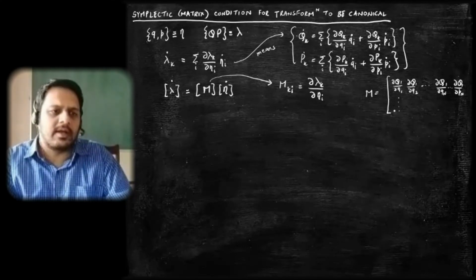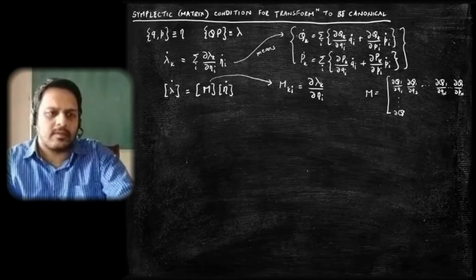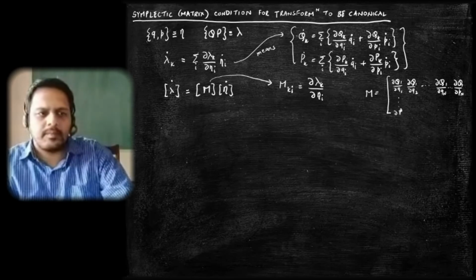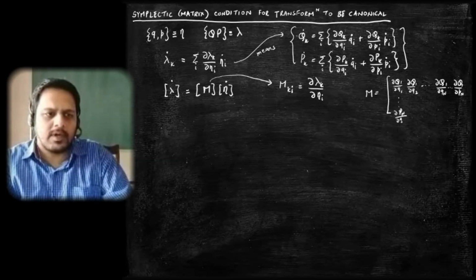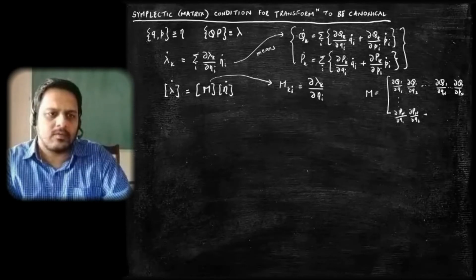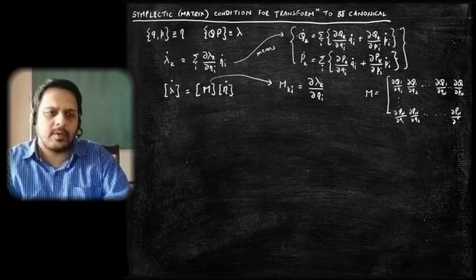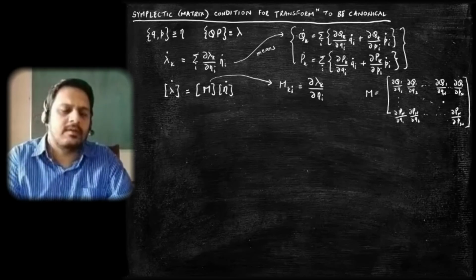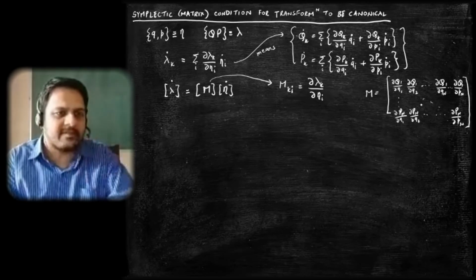Similarly, till at the end it will have ∂pn/∂q1, ∂pn/∂q2, up to ∂pn/∂pn. It is this kind of matrix, the matrix of the derivatives.